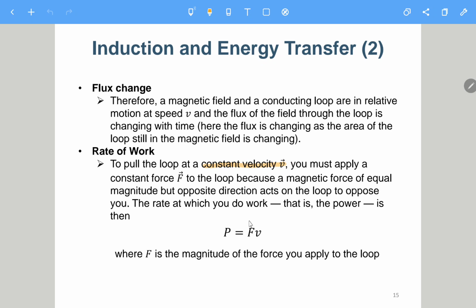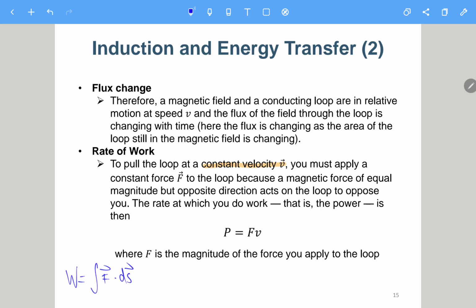Okay, so we just simply denote it as F, and then the work done will be F times v. Sorry, this is not the work done, this is the power. The work done is the integral of F dot ds, even in mechanics.